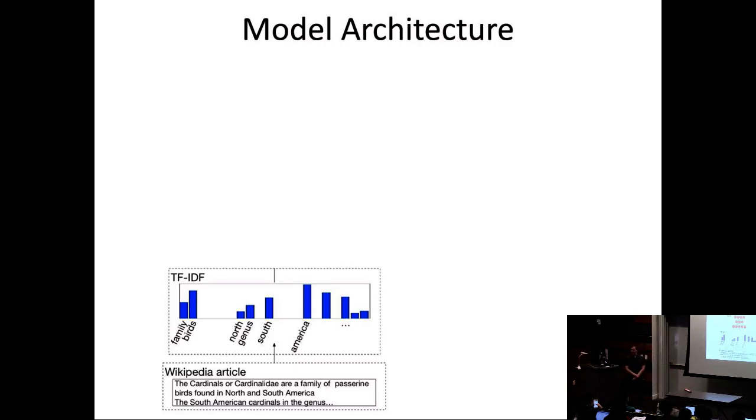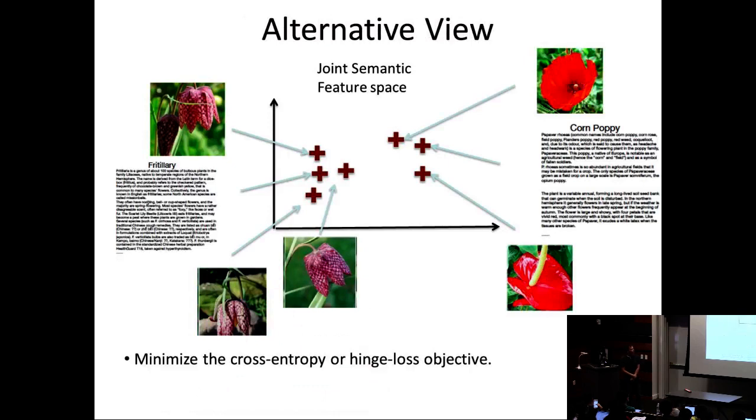Very simple. And the idea really comes down to this notion of learning the semantic feature space. If I give you this particular article, you embed it into this k-dimensional space. Given an image, I want to embed it into the same k-dimensional space. So both of them lie in k-dimensional space.